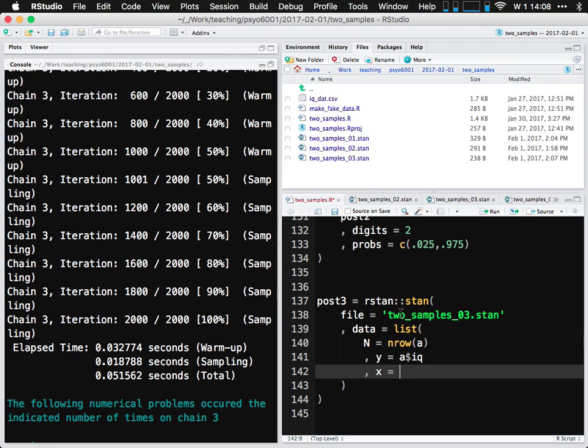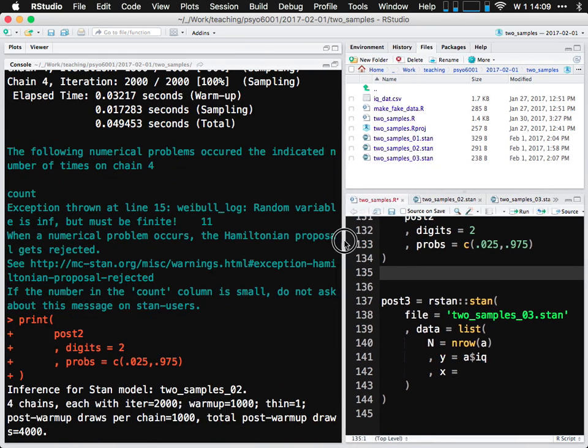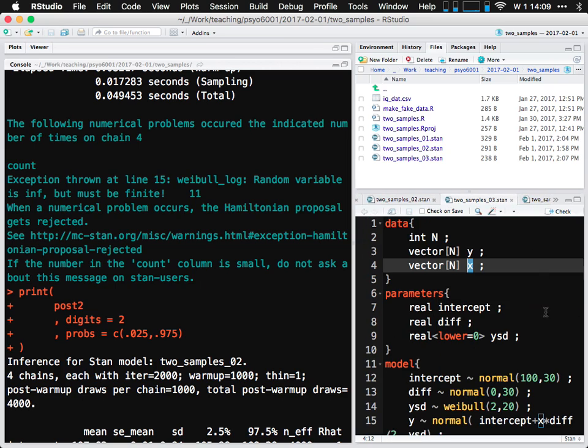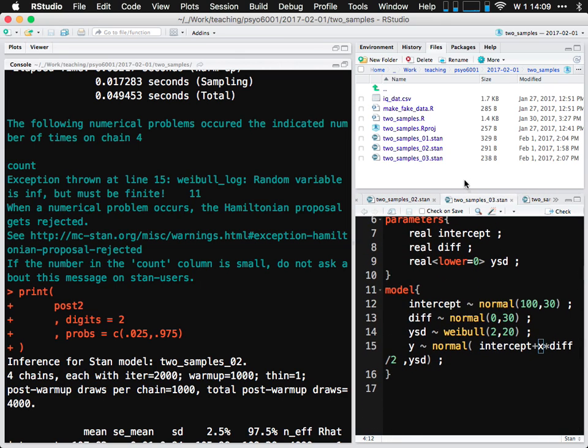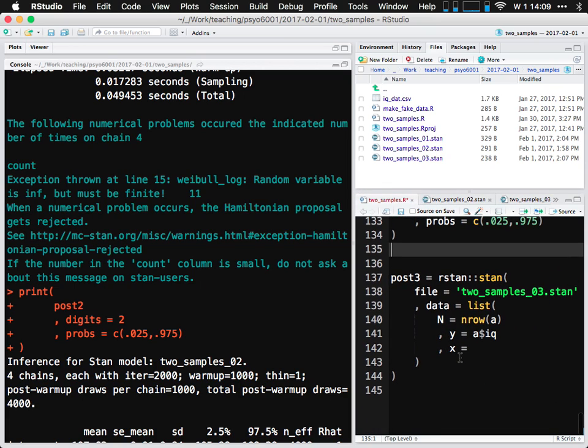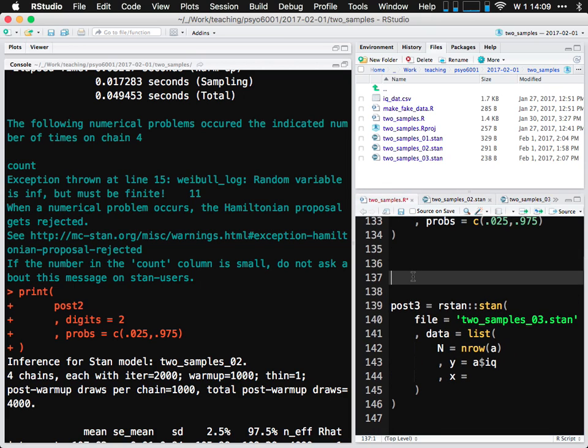So there's a couple of ways I can do this. Let's see, what would be the best way to do this? Okay, there are a few ways to do this.